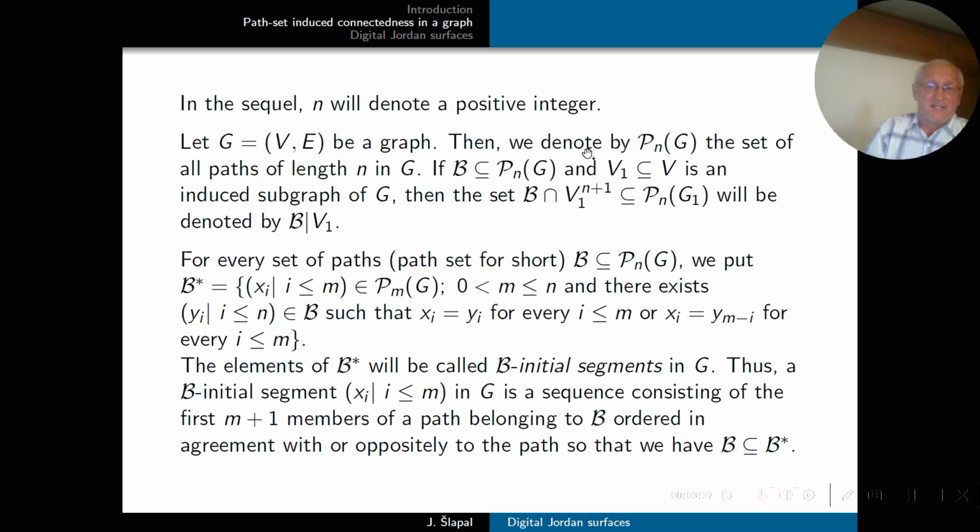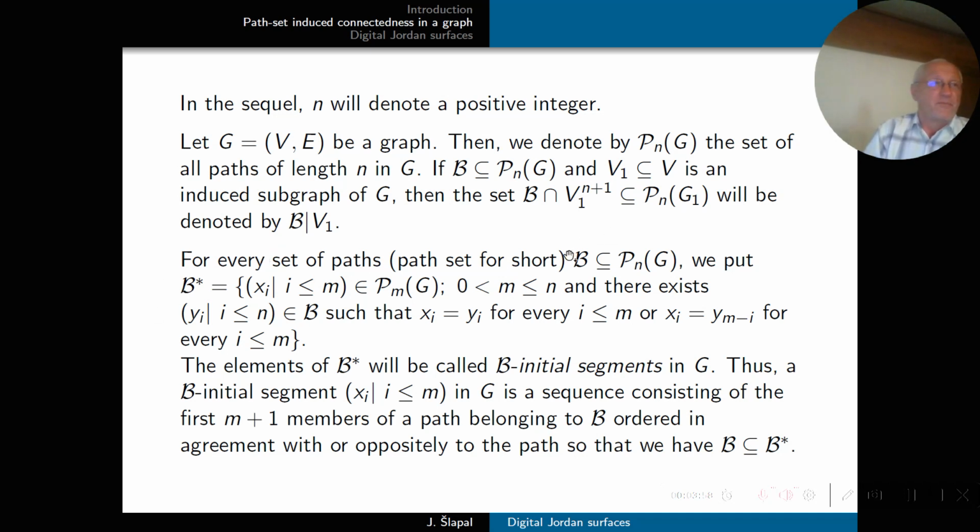But if we have a subgraph, then the set of paths inherited from the original graph in this subgraph is denoted in this way.